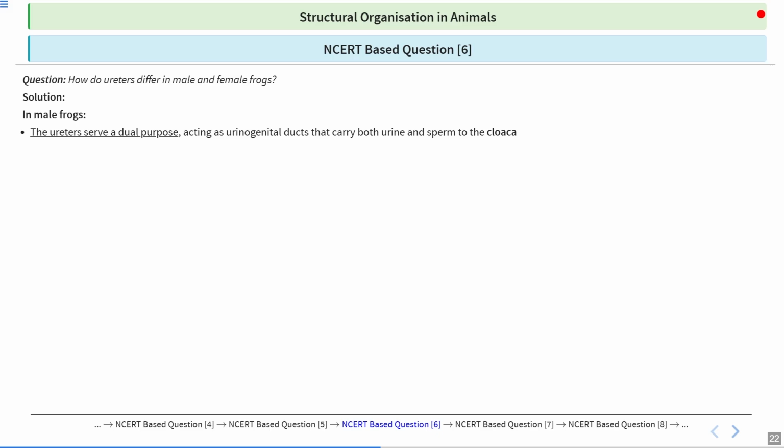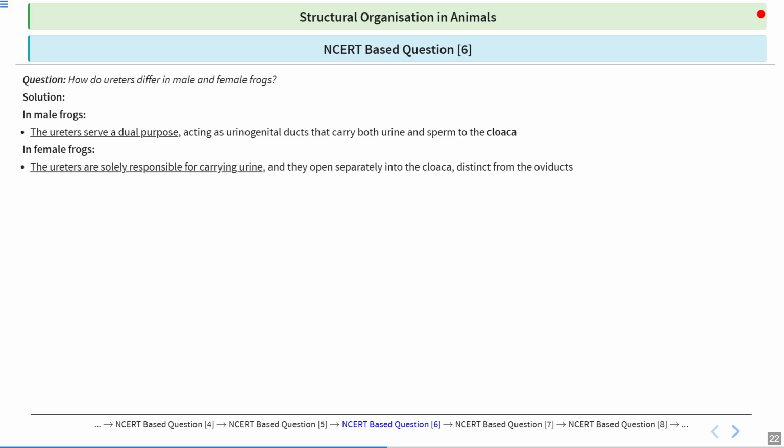urinogenital duct. Dual purpose it is serving. And this duct opens to the cloaca. Now let us see the case of the female frog. The ureters are solely responsible for carrying urine. Okay, only urine passes through the ureter in the female frog.